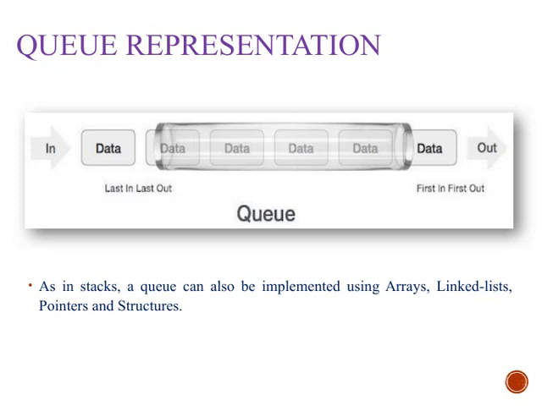Let's take a closer look at queue representation. Just like stacks, queues can also be implemented using various data structures. These include arrays, which are simple and easy to work with. We also have linked lists, which offer dynamic memory allocation, making the queue more flexible. Pointers play a crucial role here, especially when working with linked lists, as they help us keep track of the front and rear of the queue.